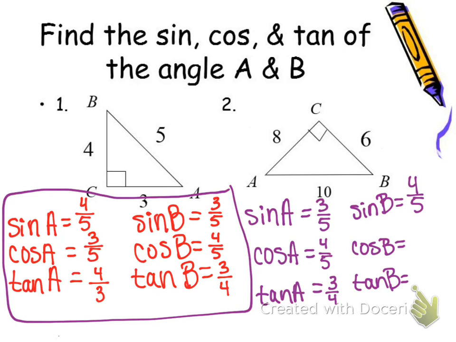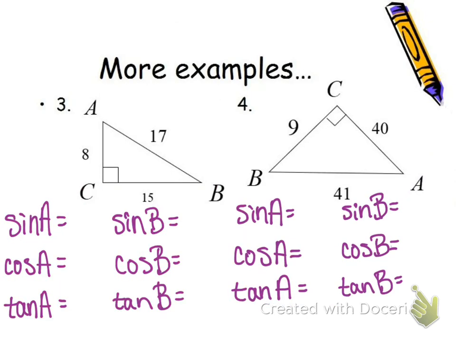The cosine of B is going to be the same as the sine of A, so it would be 3/5. Tangent is not the same as anything, but it is the reciprocal of the other tangent. So that switches it to be 4/3. All right, who can tell me the sine of A on number 3?